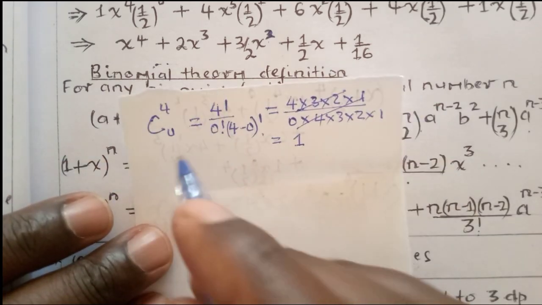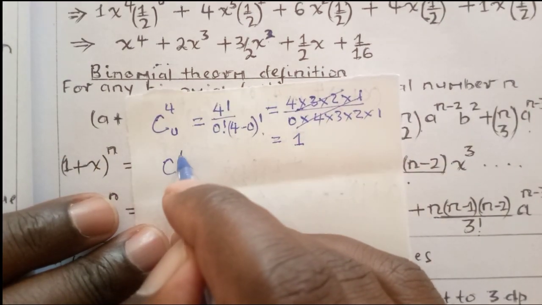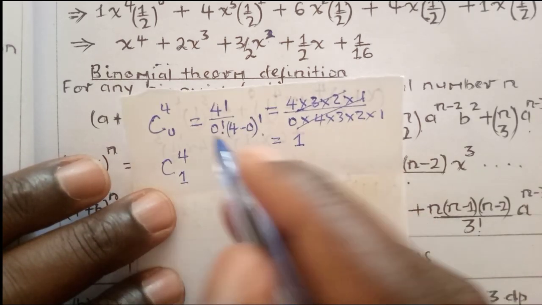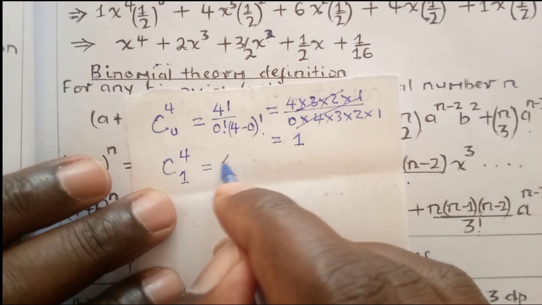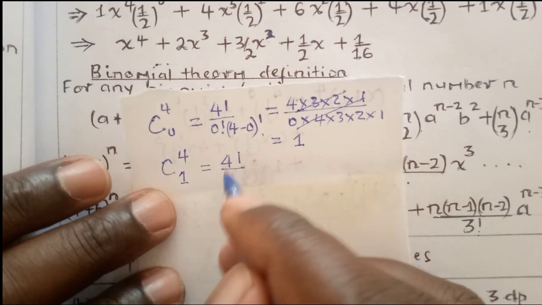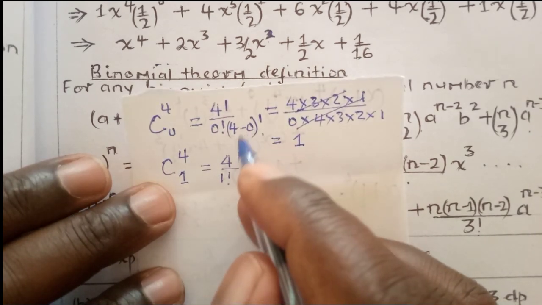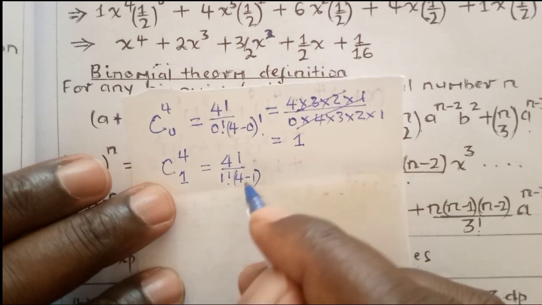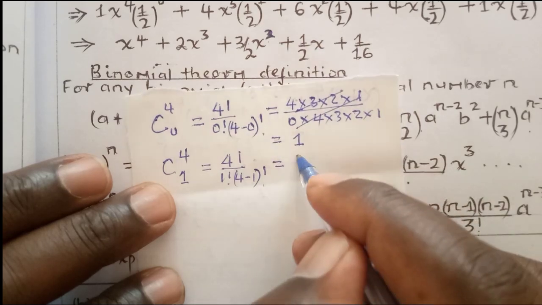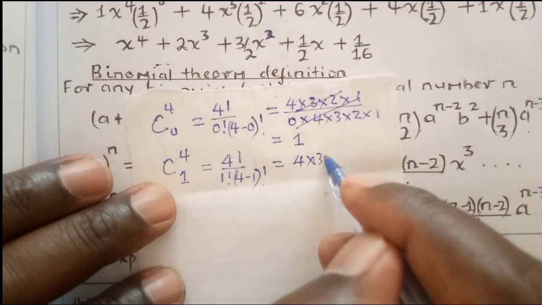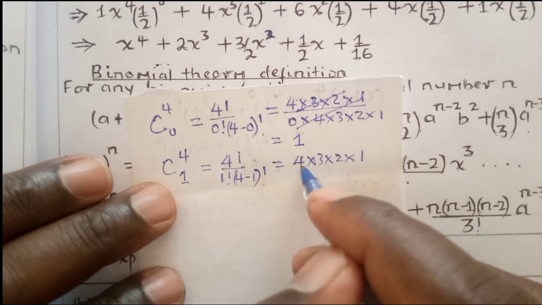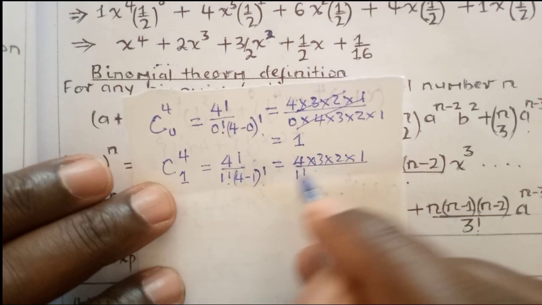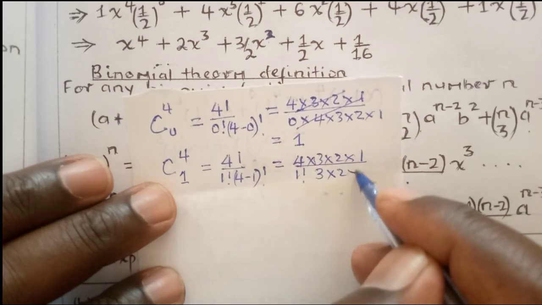If, let's say, you are given the combination of 4 and 1, this one is going to give us 4 factorial all over 1 factorial times 4 minus 1 factorial. This one will be 4 times 3 times 2 times 1 all over 1 factorial times 3 factorial, which is 3 times 2 times 1.